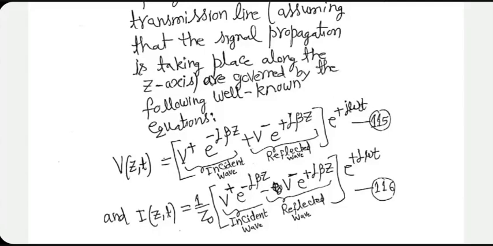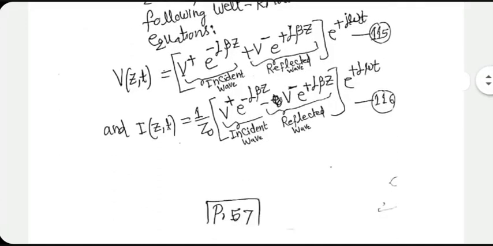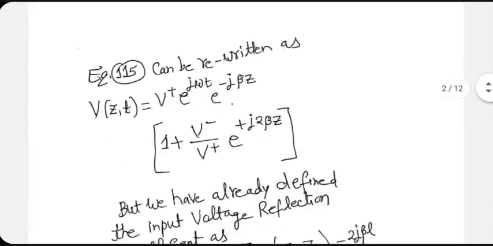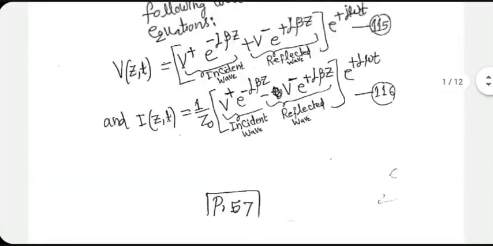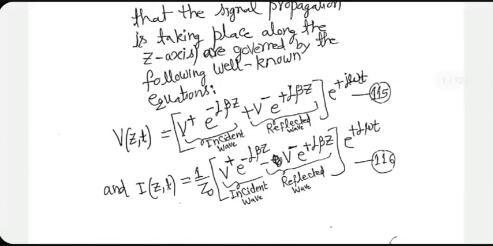Now, suppose I am interested only in the magnitude of V and also the magnitude of only I. Then what happens? Let me rewrite equation 115 by taking V plus e to the power minus j beta z out, and e to the power j omega t is already out.